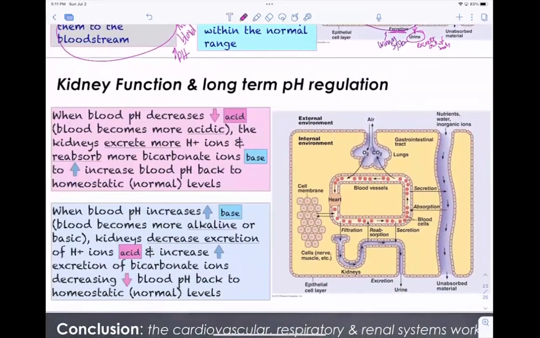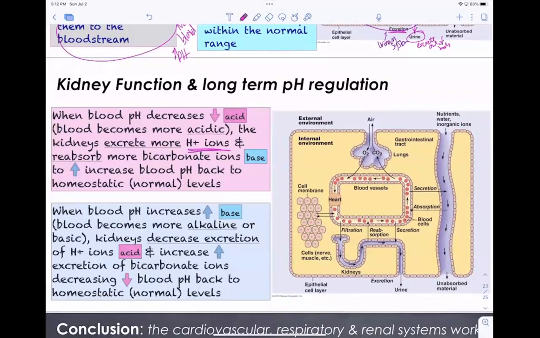So basically, to summarize, when blood pH decreases and it becomes more acidic, the kidneys are going to excrete more protons, or acid, and reabsorb more bicarbonate ions, base, back into the blood. So you're peeing out more acid and you're keeping more base, and that's going to help return the pH back up long term.